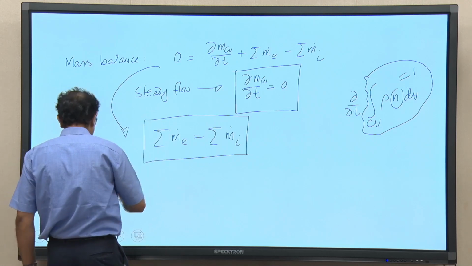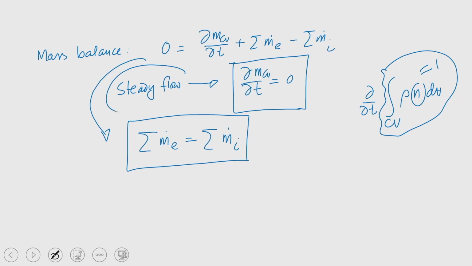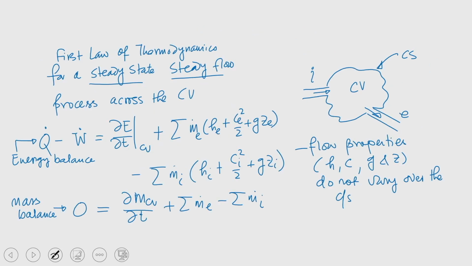We have already considered the steady flow assumption. For the steady state steady flow process, which is a special process, we have already taken into account the steady flow case. Now remaining is steady state.